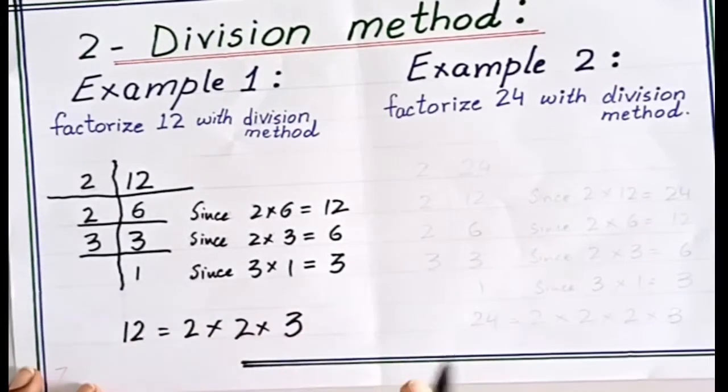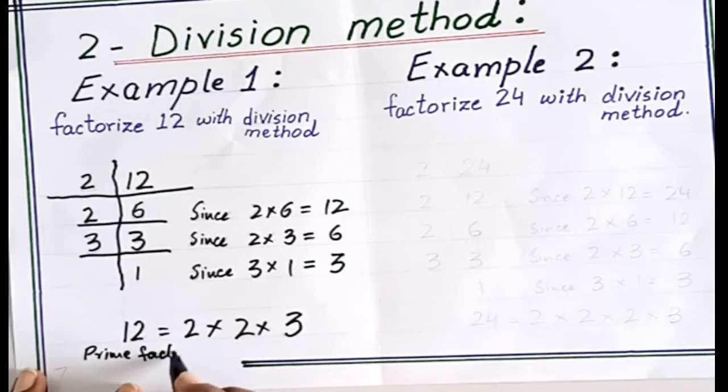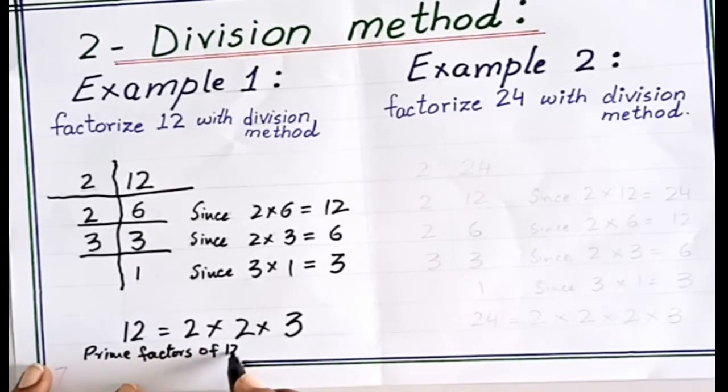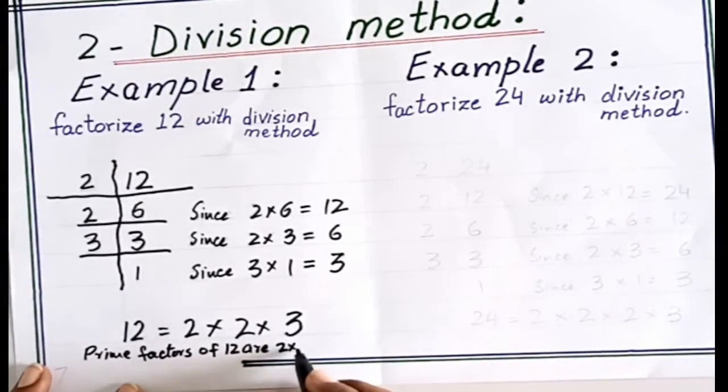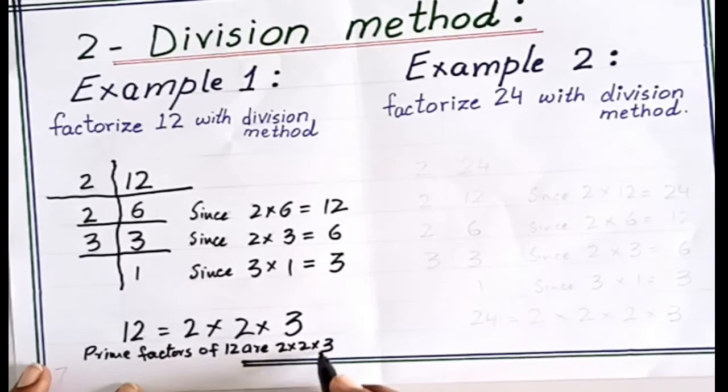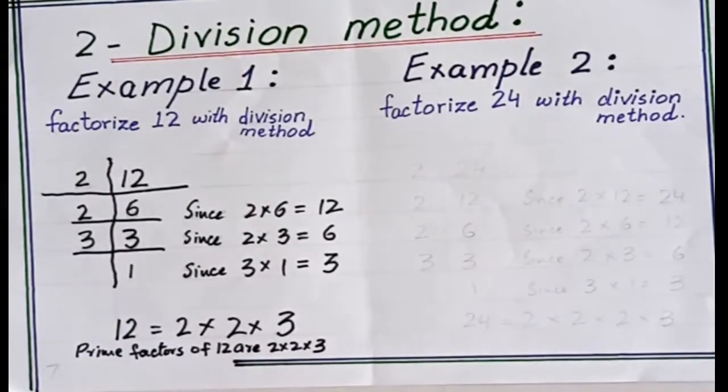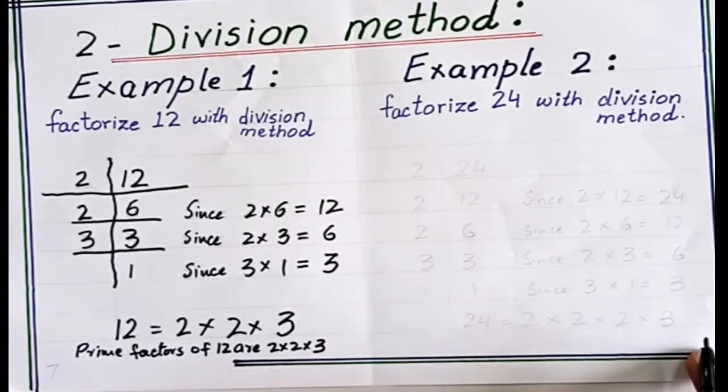We can write over here: prime factors of 12 are 2, 2 and 3. Understood, students? I hope you can see the slide clearly over here.